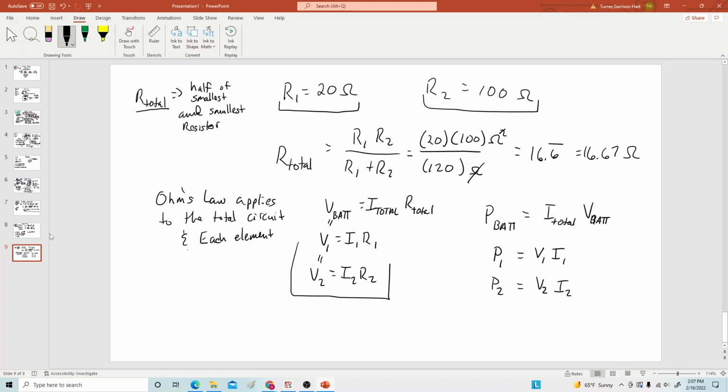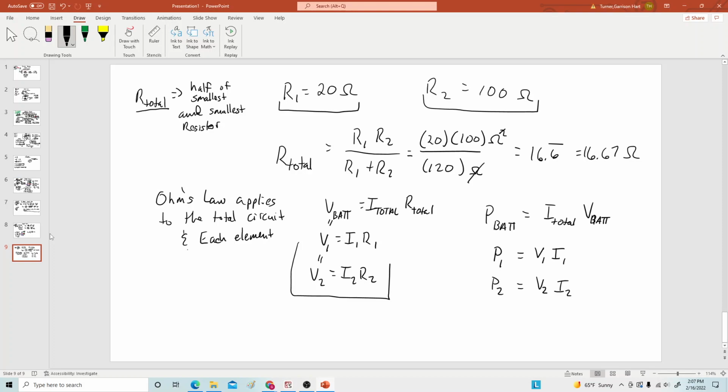Okay? But there's something to note. In the series case, the resistor with the higher value drew more power, right? It dissipated more power. In the parallel case, the resistor generally with the smaller value will dissipate more power. And this is because it's drawing more current.